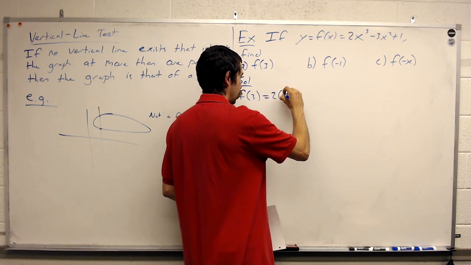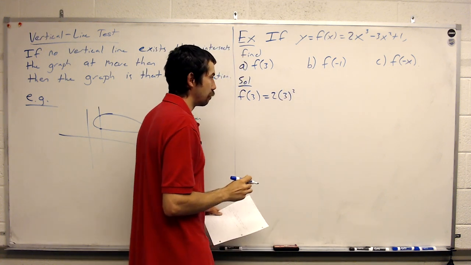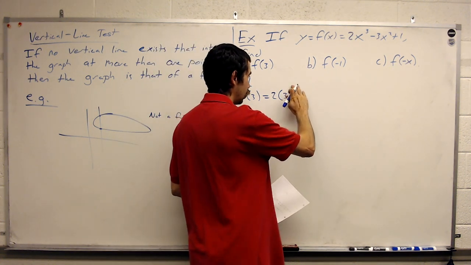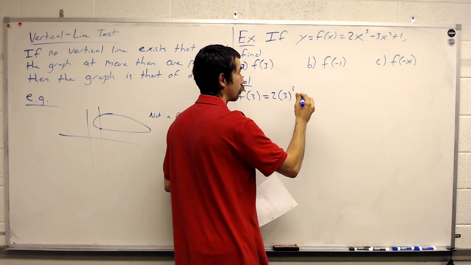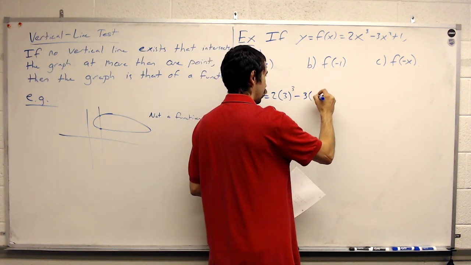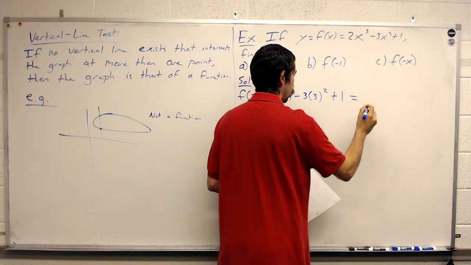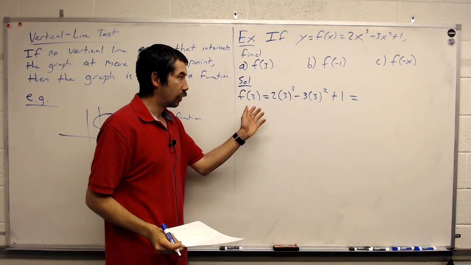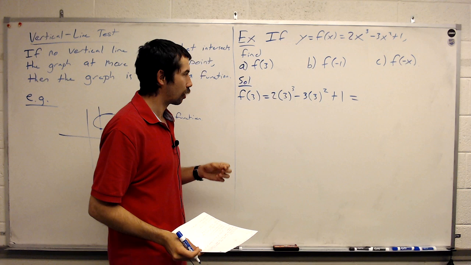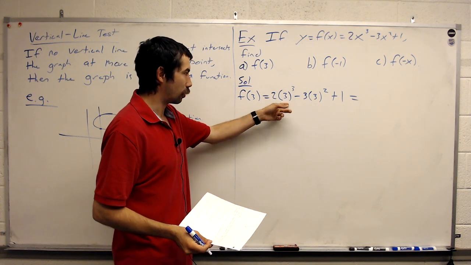2 times 3 to the third, minus 3 times 3 squared plus 1. This is just a number, so let's type it into a calculator, or just do it in our head.